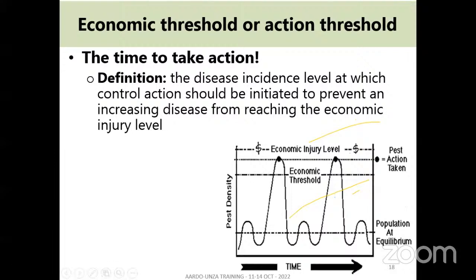If you take action immediately when you first see the disease, you might just waste money on an intervention. You might be hiring people to implement a disease control practice, or buying a pesticide. That is really a wasted resource because it's not interfering with your yield.